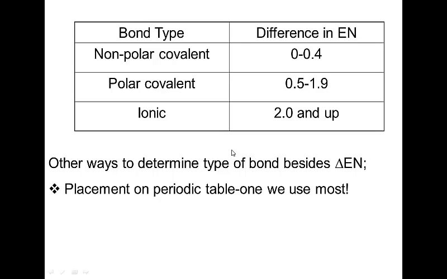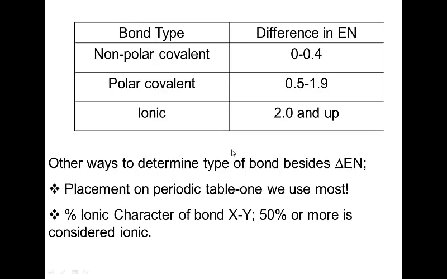And the third and final one is really just a definition. There is a computation to go along with it, but we don't tackle that. It's not that important to the concept, and that's called percent ionic character. The computation is in your book if you want to look at it, but I've never come across it other than a definition. And the percent ionic character of a bond, 50% or more, is going to be considered ionic.